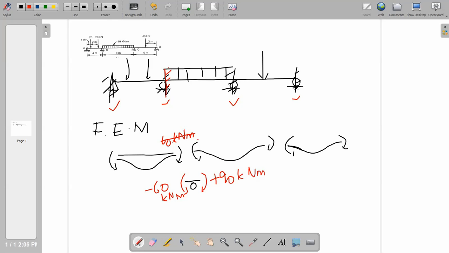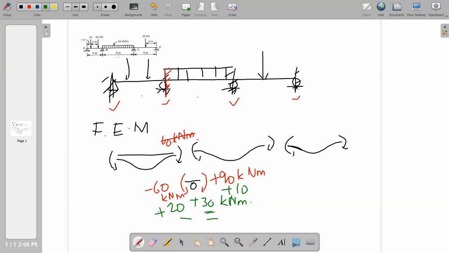If I want to remove this difference, then I have to apply manually a moment of 30 kilonewton meter and distribute it to both of these. According to the stiffnesses of these beams, let's say I need to apply positive 20 here, and then here, let's say positive 10, suppose.